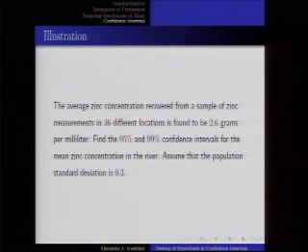So we have a sample of size 36 and we know the sample mean, which is 2.6. On the basis of this sample of size 36, we need to give a 95% confidence interval for the population mean, and again a 99% confidence interval for the population mean, and the population standard deviation is assumed to be known and it is given to be 0.3.